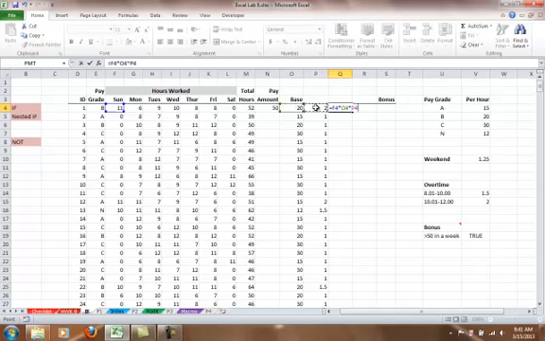And this happens to be on Sunday, right? So it's a weekend day, so we've got yet another multiplier here, so we say times 1.25. Something like that. And so that's their pay for that day. Okay. All right. Questions so far here?